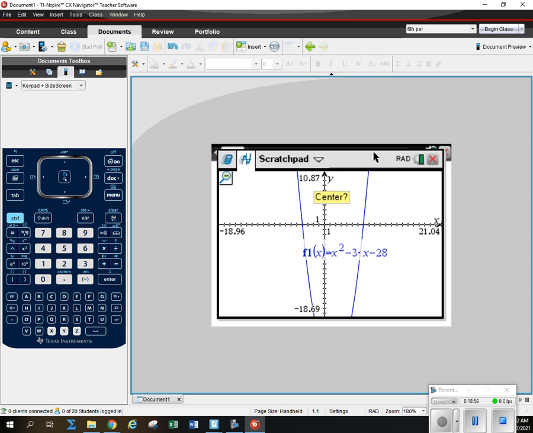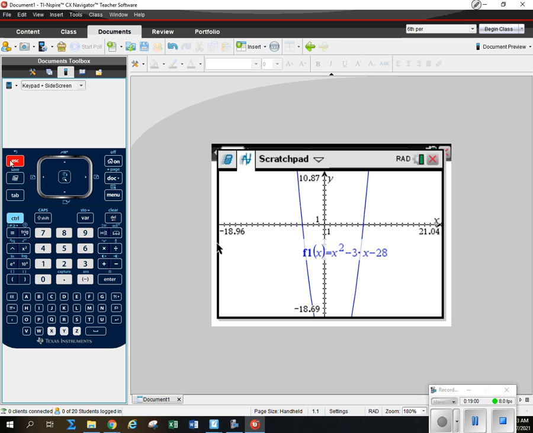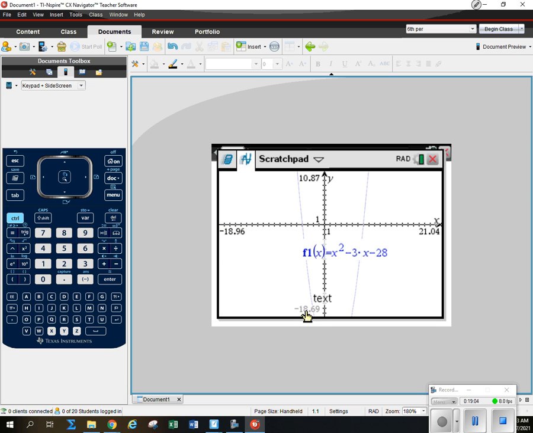Another trick you can do, if it works here, and it may not on this one, depending on your version, you can click on this to be able to change the number that you want that to go to.